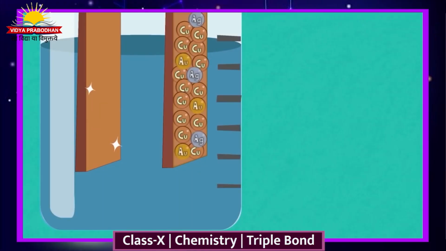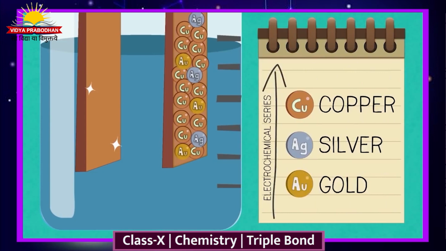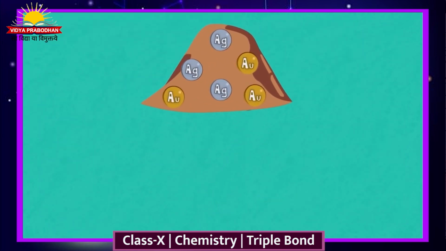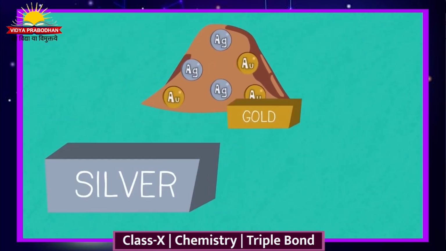On the other hand, the less reactive metals like gold and silver present in the impure copper collect at the bottom of the electrolytic cell below the anode in the form of anode mud. Gold and silver metals can be recovered from the anode mud.